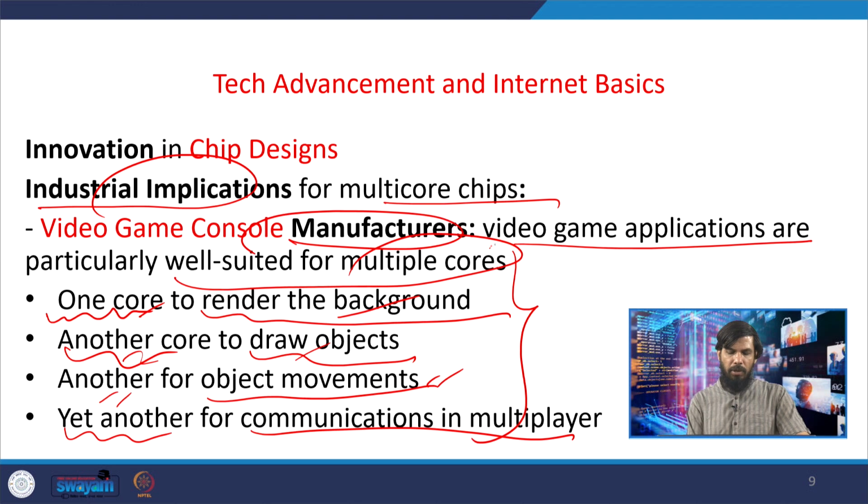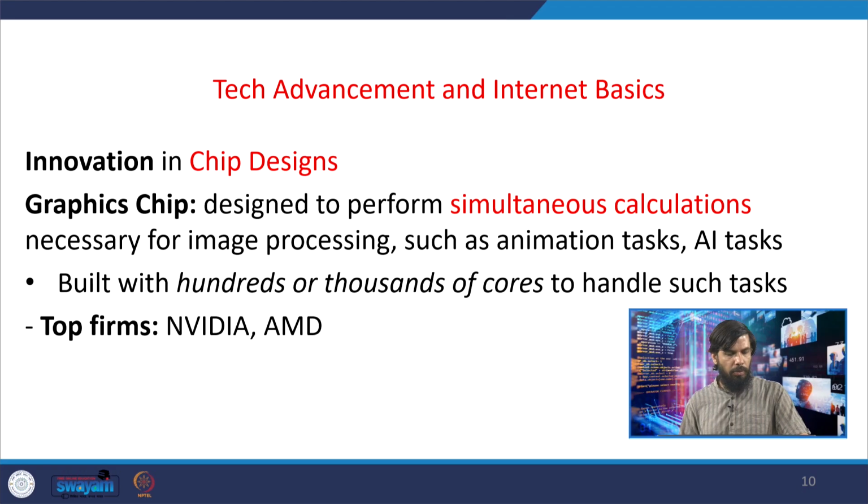So, the video gaming industry has been one of the biggest beneficiaries of this innovation in chip design, that is multi-core chips. Now, the next innovation is graphics chips. Graphics chips are designed to perform the simultaneous calculations necessary for image processing tasks such as animation or AI tasks, where large image data sets are there, and there is a huge amount of image processing that will happen.